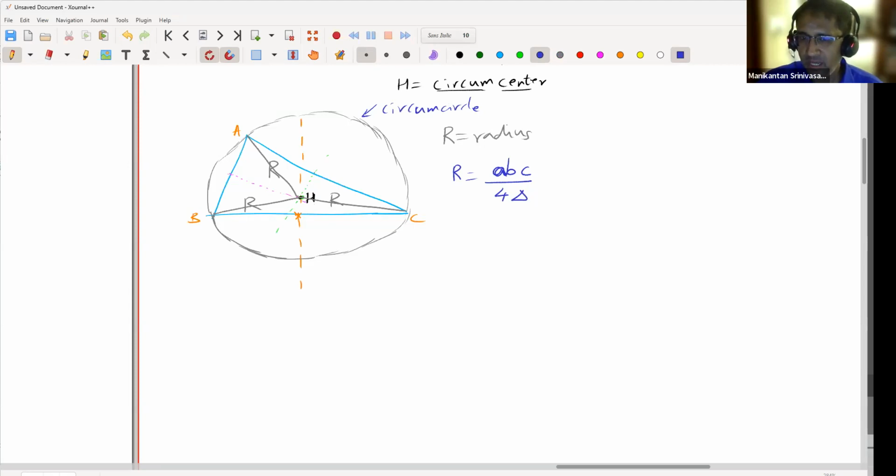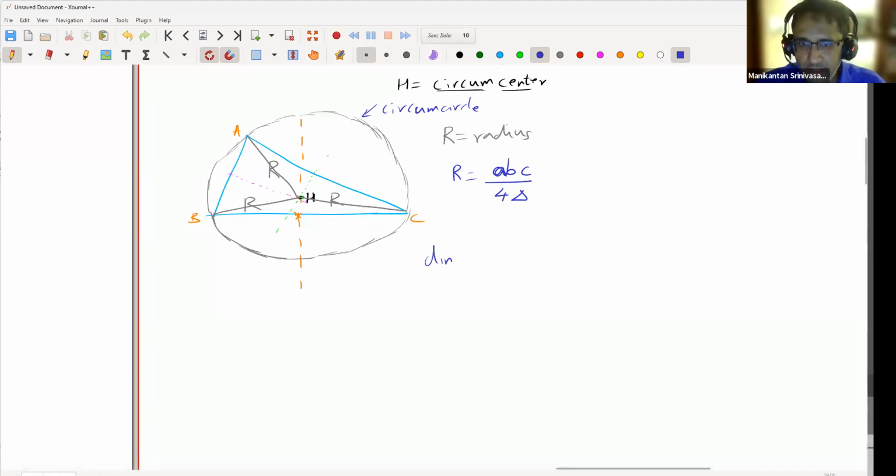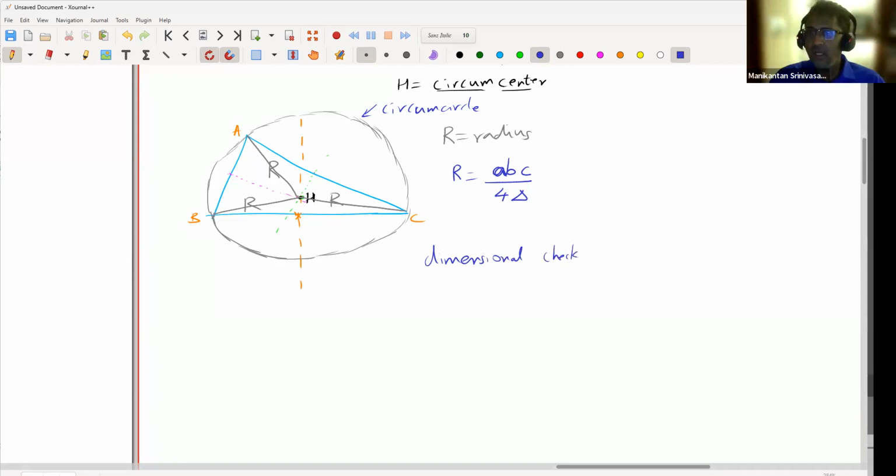Now, one good check that I would want you to always do is something called a dimensionality check. Dimensional check means, in any problem, not just this, do the units make sense? So for example, I'm talking about a length here, which is the radius. Is the right hand quantity a length? Let's check.